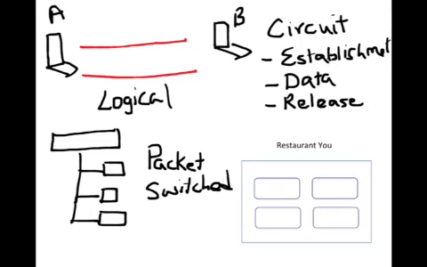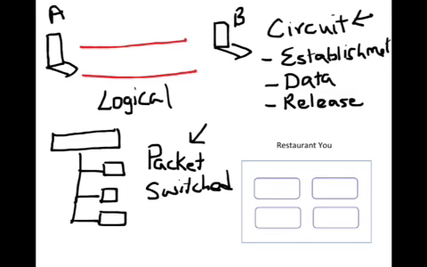So this is a circuit switched network, and the advantage here, like we talked about in the restaurant, is that a customer gets a guaranteed service when you use a circuit switched network, while the utilization of the network is high when you use a packet switched network.